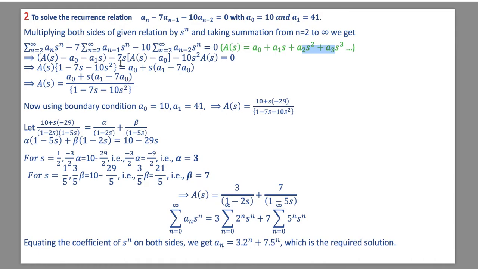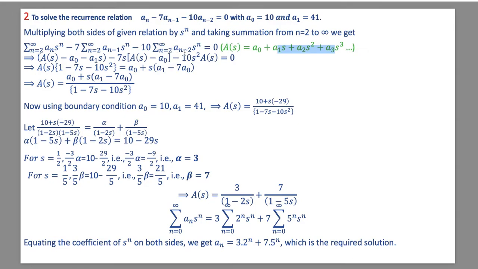Here it is minus 7 and this is a_(n-1) s^n, means a1 s square, a2 s cube, a3 s4. So first of all take s common, then inside will be a1s plus a2 s square plus a3 s cube. So s is taken outside, then the series is A(s) minus a0.